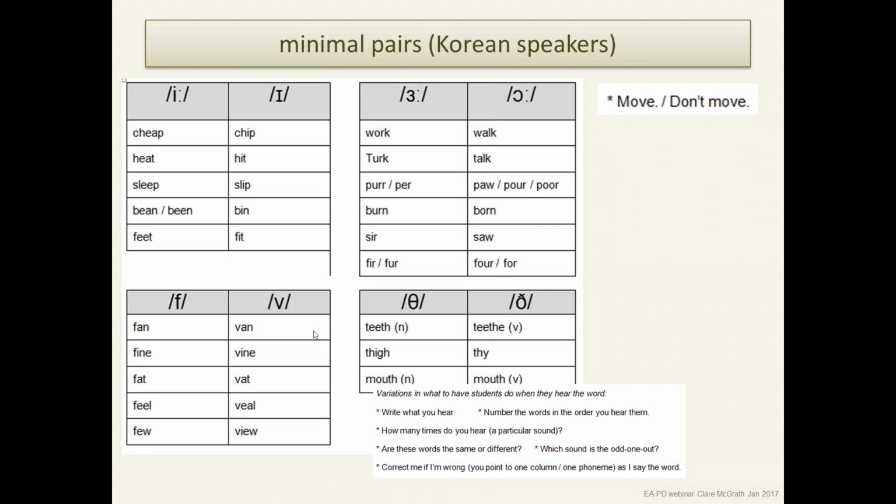Say, for example, with library, if they've got a problem with that br cluster, if they can use it at the beginning of a word like brown or brilliant, then okay, that's fine. But perhaps getting them to take a little breath after the b sound before they go on to the next sound. So, for example, saying library, perhaps getting them to have a little breath just after the b, so then they're treating the br as an initial cluster if they can already do that.